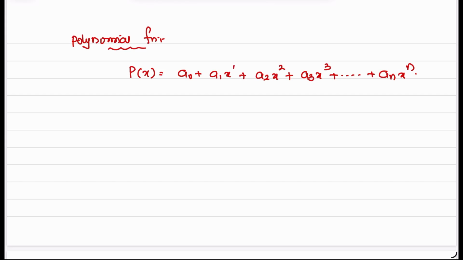And the exponents are from 0 to n. a0 is nothing but a0 into 1, that is equal to a0 into x to the power of 0. That means non-negative integers, varying from 0 to n, and they are non-negative integers.